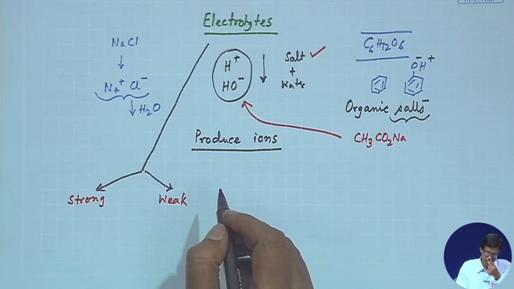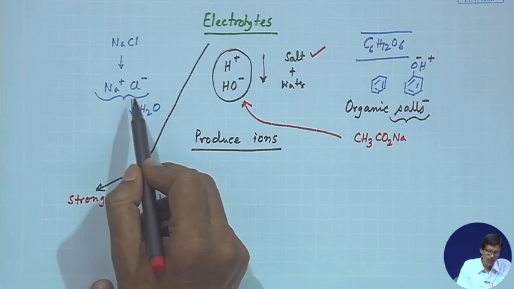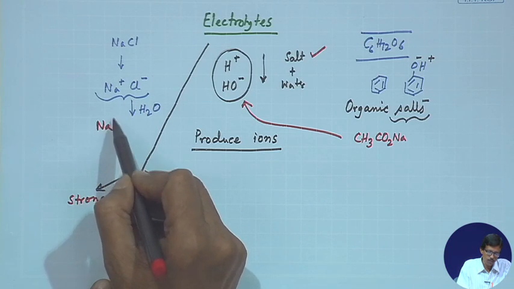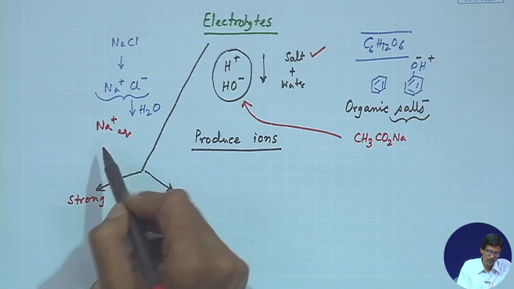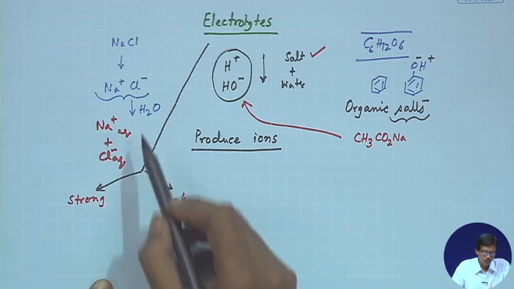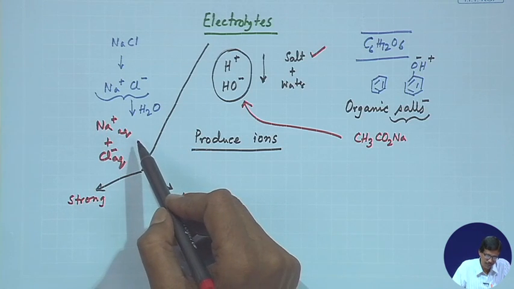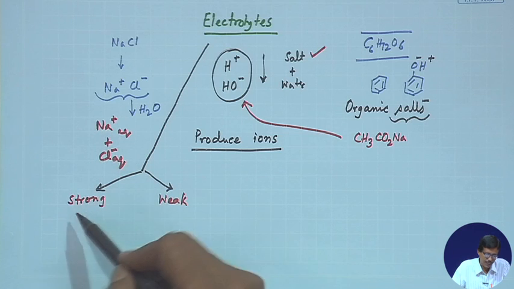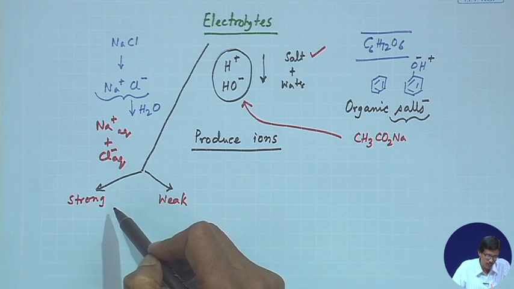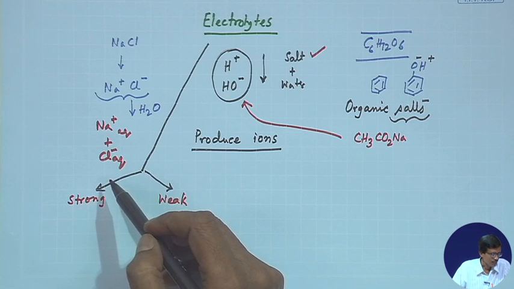How do we know that? When we put water, there is complete dissociation into Na plus aqueous and Cl minus aqueous, going towards the right-hand side almost 100%. This ionization means it is definitely a strong electrolyte, giving Na plus and Cl minus.